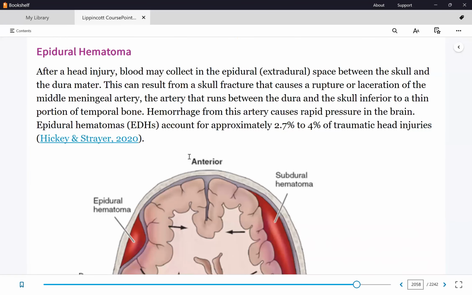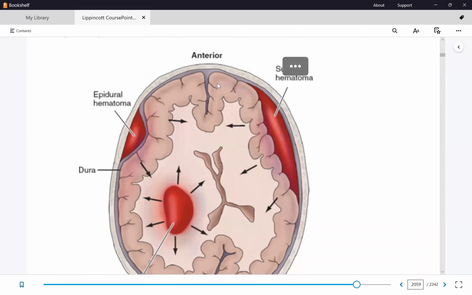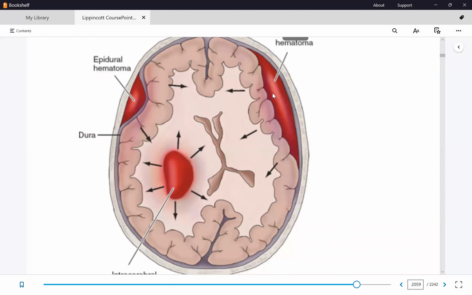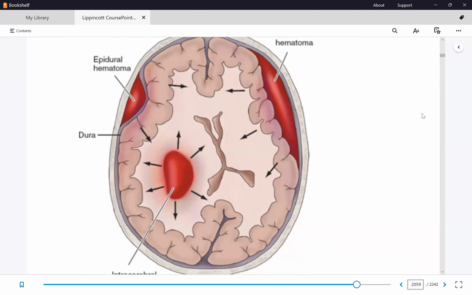Hematomas. Now, there are different types of hematomas here, developing in different layers of the meninges. So we have an epidural hematoma, we have a subdural hematoma, and then we have the intracerebral hematoma. Regardless of the location, though, if you look at this illustration, is a hematoma a space-occupying mass?